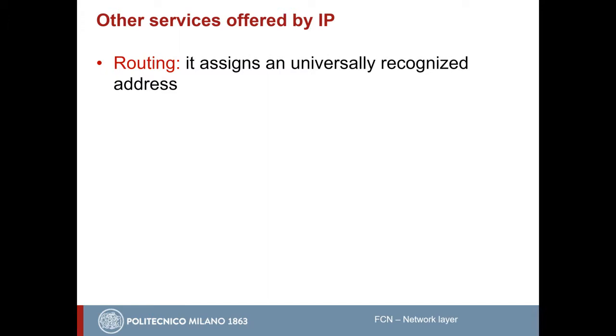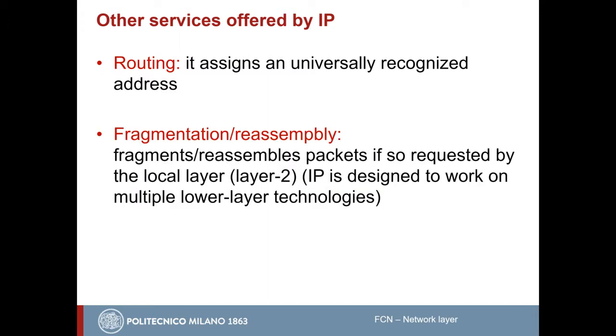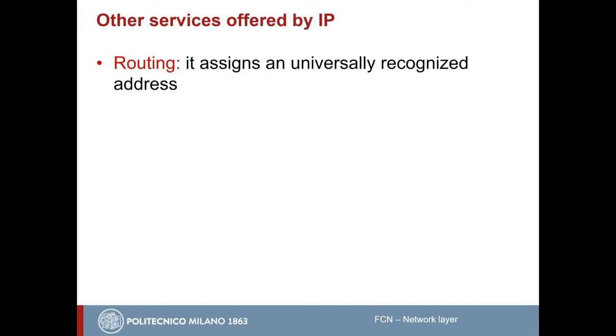So, as we already said, the routing is based on a universally recognized address, and this is the first function that is performed by IP. We have already gone into the details of address assigning and the forwarding mechanism.